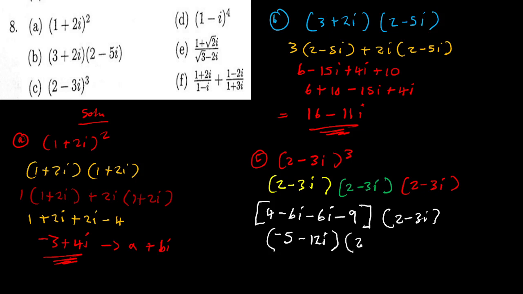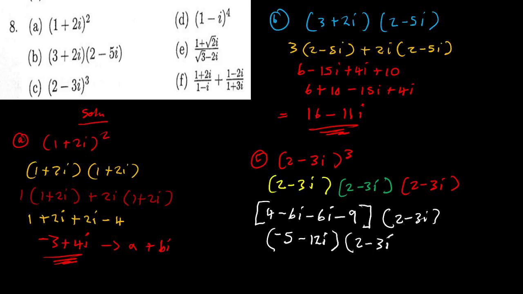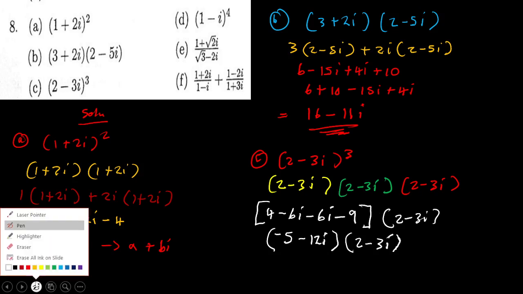Now I'm going to multiply this by that there. So if you observe, what we are just playing with is multiplying things, and the only concept here is i squared. i squared is equal to negative 1. So that's the concept which is just there. So from that part, you can multiply negative 5 times 2.